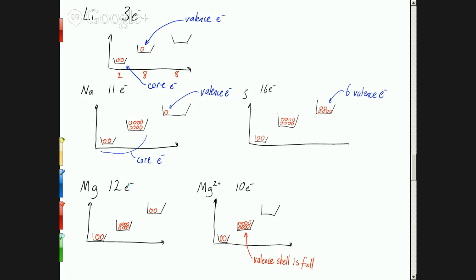And we found that if you lose some electrons, you get a different number of valence electrons. So here's magnesium with its 12 electrons and its 2 valence electrons. If we lose those 2 and we become a magnesium 2+ ion, we now have 8 electrons in the valence shell instead.